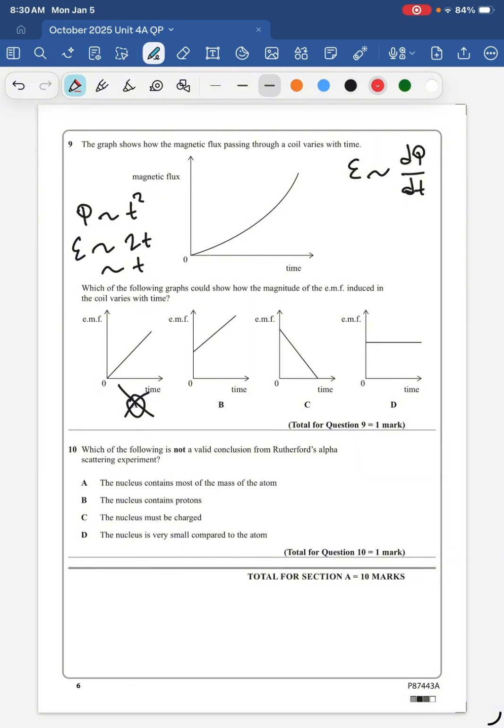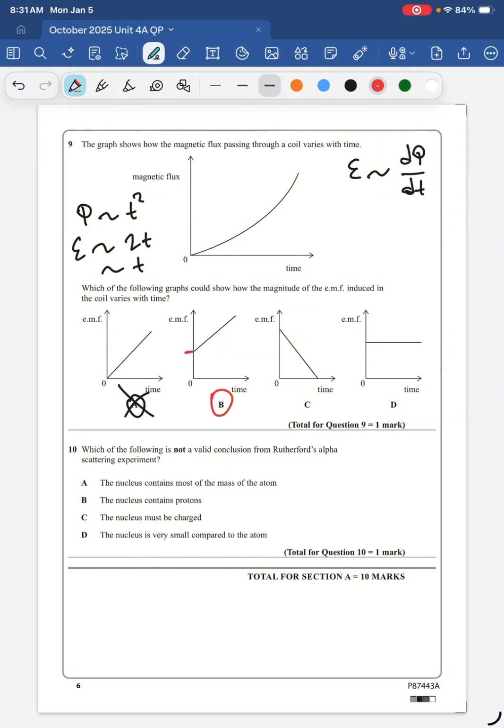Edexcel claims that the correct answer is B. Answer A tells you that at time 0, the EMF is 0, whereas answer B tells you that at time 0, there is some non-zero EMF present because there is some change in magnetic flux at time t equal to 0. So that's their argument.